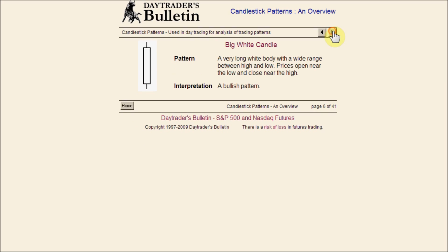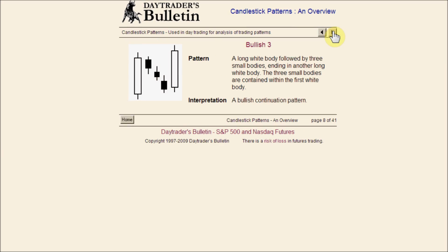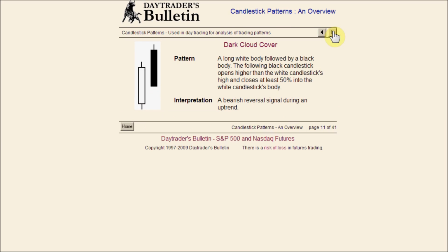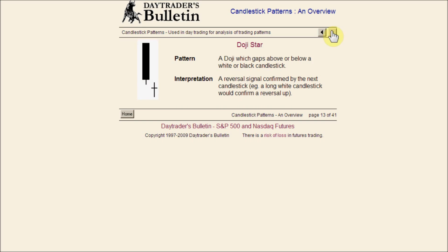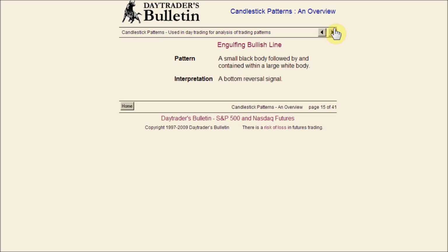There are, I believe, almost 50 slides on this website that describe all of the different combinations and single candlestick reversal patterns, like the dark cloud cover, and they talk a little about dojis and a doji star. We've already talked about the engulfing bearish and engulfing bullish chart patterns. So this is another great site to learn all about candlestick patterns.